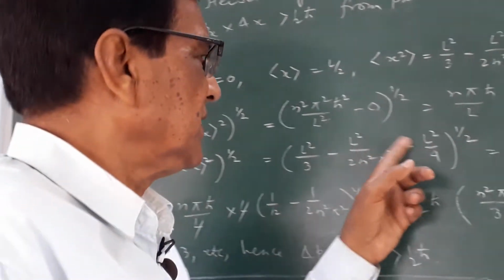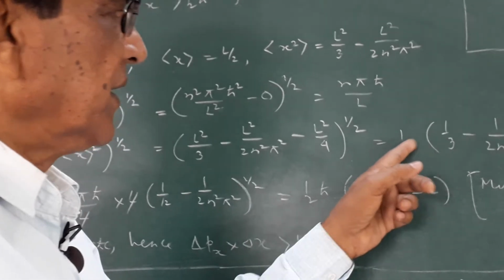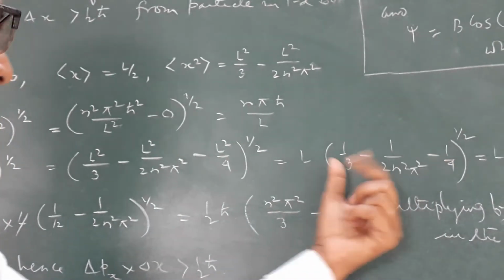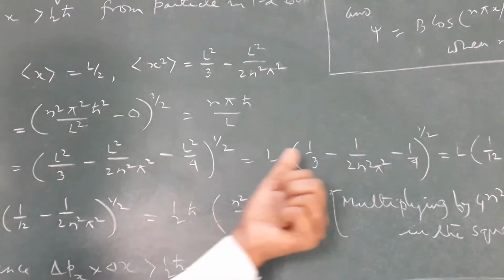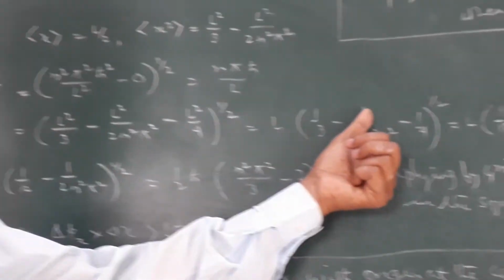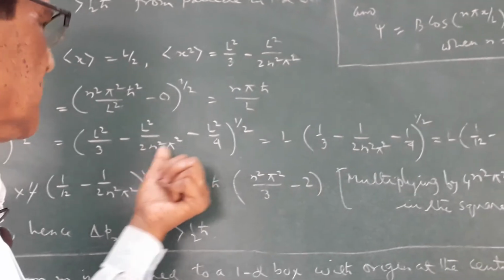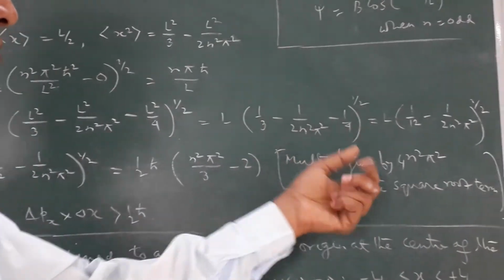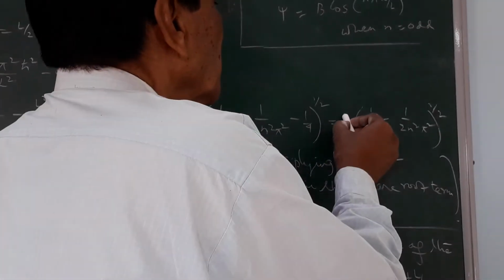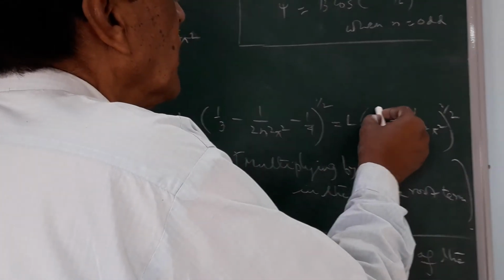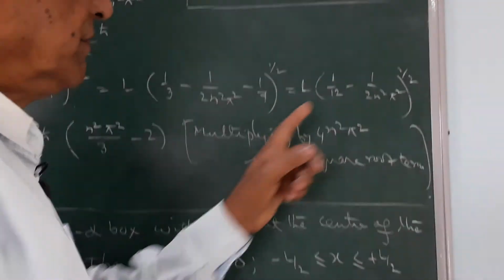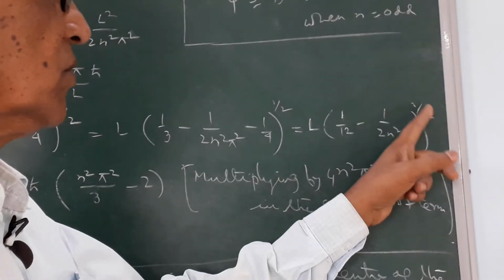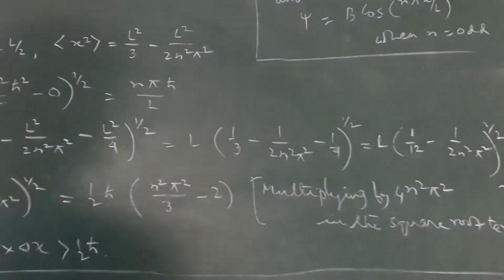And this L will be common, and L is taken outside of this first bracket. So 1 by 3 minus 1 by 2 n square pi square minus 1 by 4. 1 by 3 minus 1 by 4 equals 1 by 12, and minus 1 by 2 n square pi square, the whole to the power half.